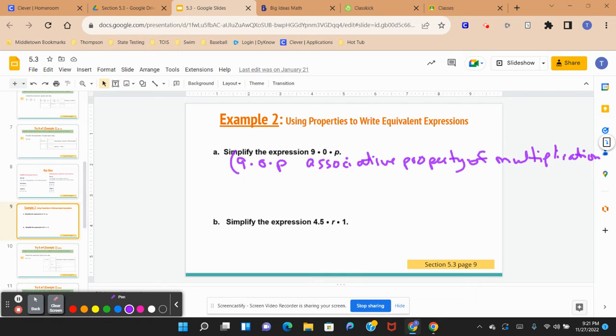So we can put parentheses right around 9 times 0, which tells us we need to do that first.